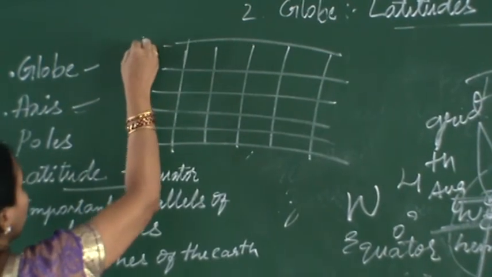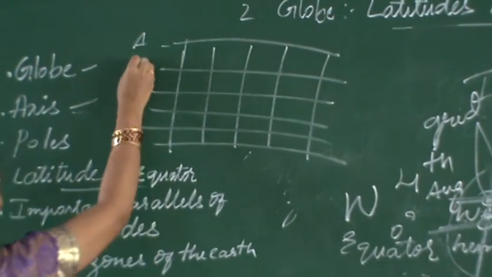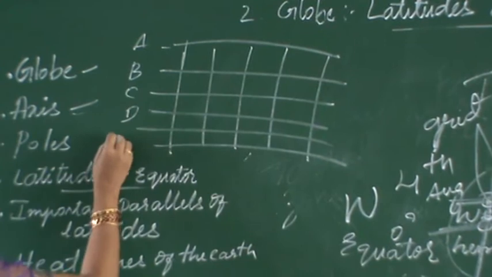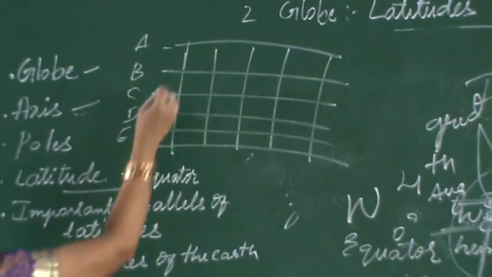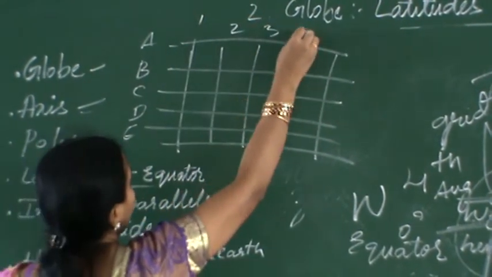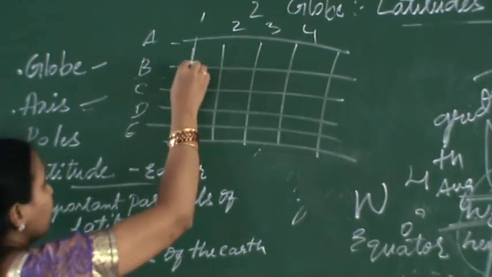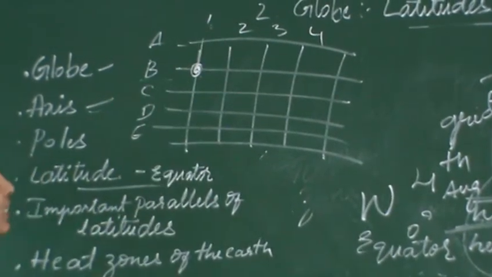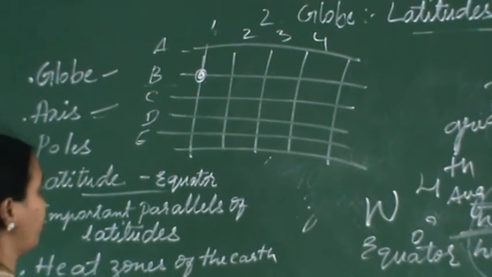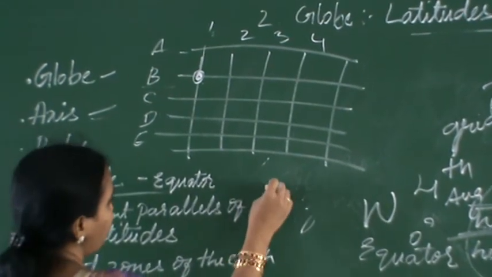Suppose this is A, B, C, D, E, and this is 1, 2, 3, 4. In this B latitude, a point is given at longitude 1. So how do you write it here?